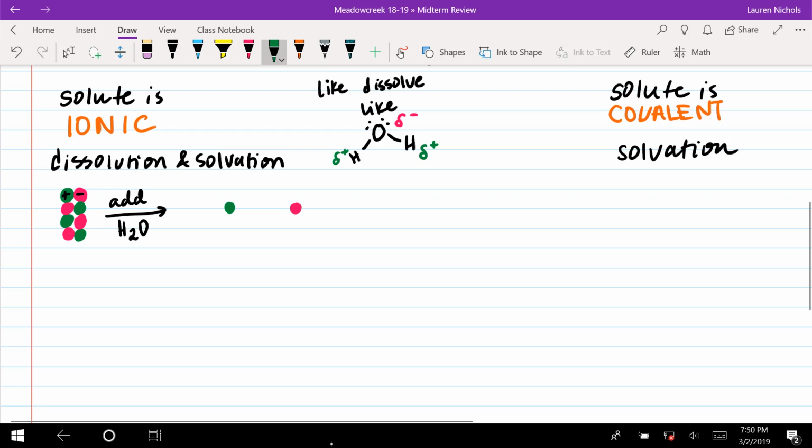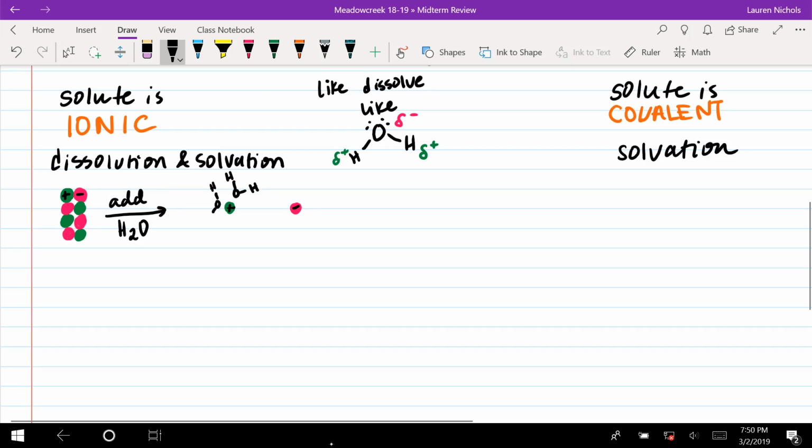That makes the hydrogens kind of positive and the oxygen kind of negative. And so when you have something that's positive and something that's negative being dissolved in it, it's very cool with that. But when water surrounds it, it will surround it in a particular way.